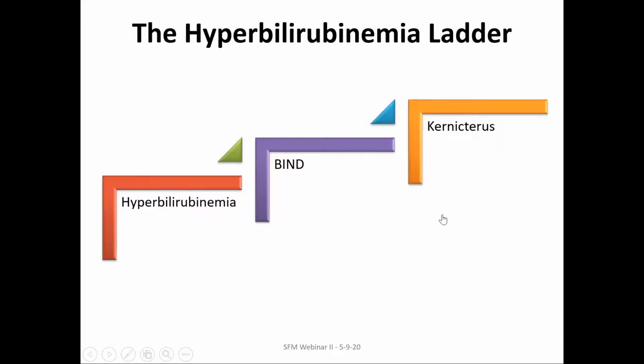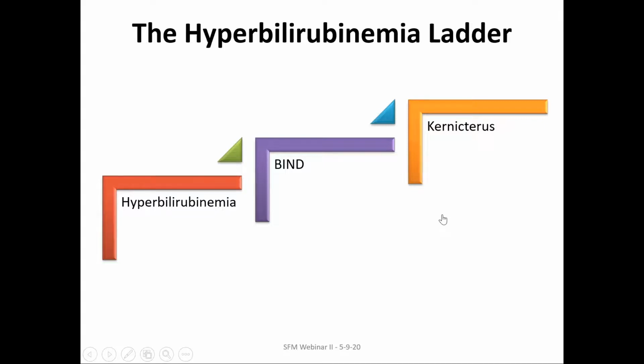Now, having said that, if you discuss this with neonatologists, they would tell you that if you look at the progression of hyperbilirubinemia to kernicterus, there is a staged progression. In between hyperbilirubinemia at one end and kernicterus at the other end, you have a specific stage that neonatologists refer to as BIND. BIND refers to bilirubin-induced neurological dysfunction.